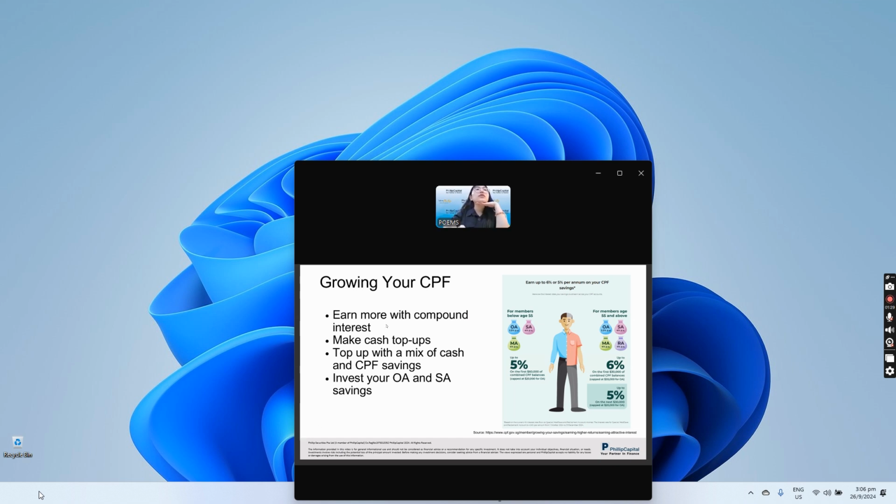So first, to grow a CPF account, you can simply leave the money inside this account, and there's interest given to you. You can also make a cash top up or a CPF top up. Or you can choose to invest your OA and SA. Today we are more focused on OA.